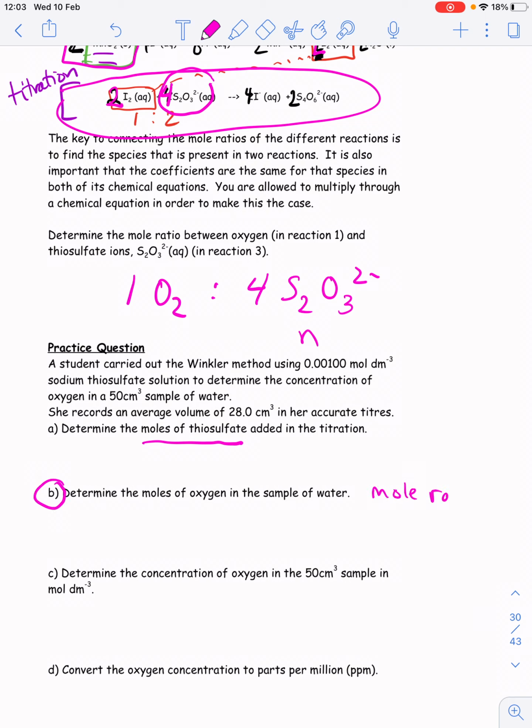In step 2 of this calculation, we use that mole ratio, where we take the moles of thiosulfate and we put it on top of 4, because there's 4 thiosulfates for every 1 O2. So we'll take the moles of thiosulfate that we get in the first part of the question, and we'll use that to solve for the moles of oxygen.